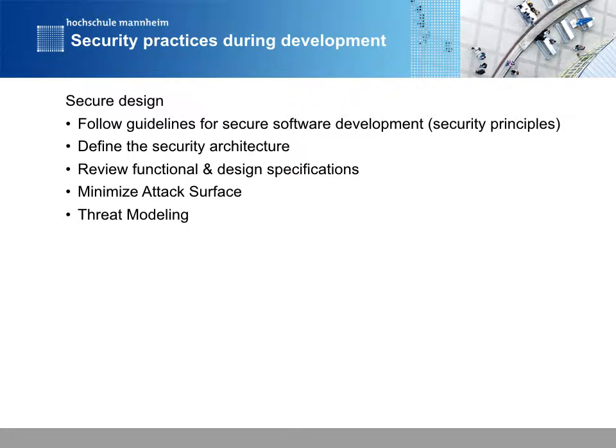The goal of secure design is, in general, to minimize the attack surface. The attack surface is a term, a picture. You think about your application as being a sphere, for example, and every connectivity element to your application is something on the attack surface where the attacker could access the application.